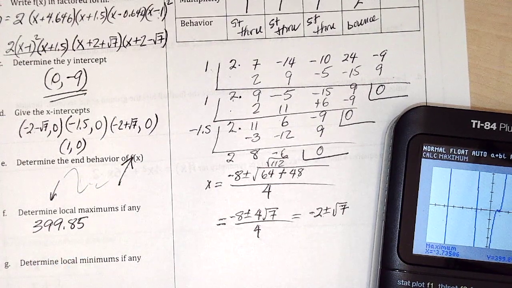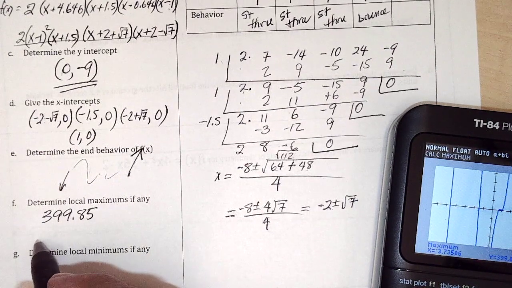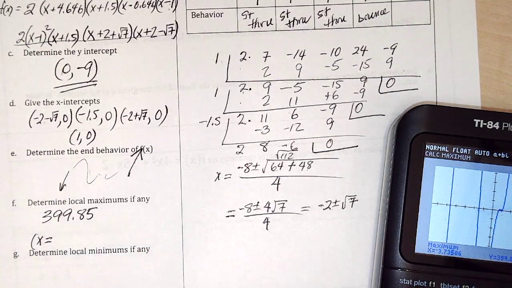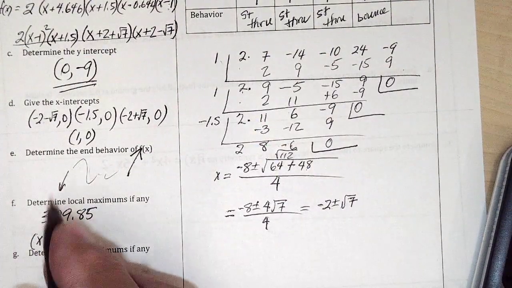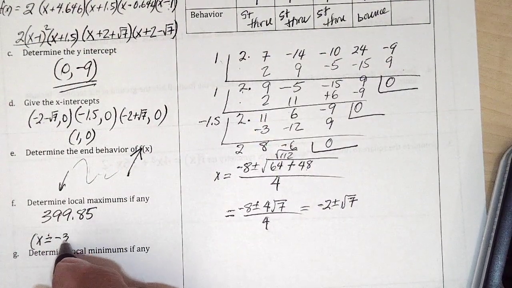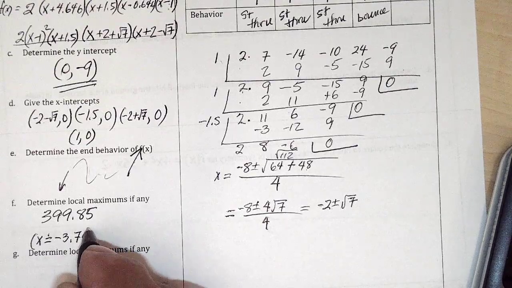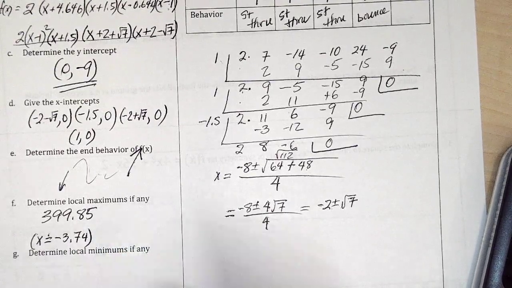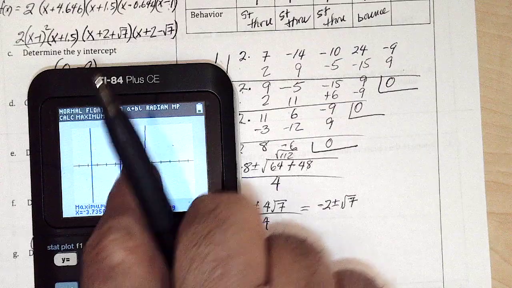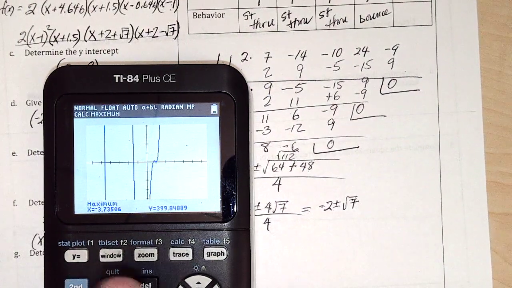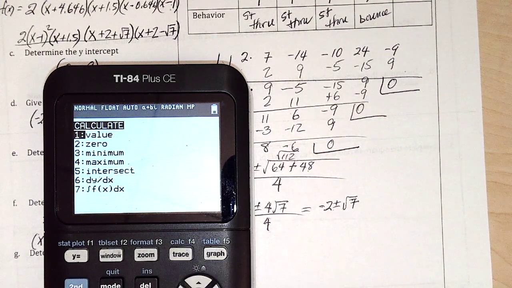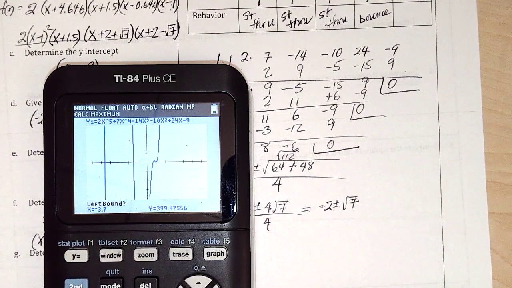Now, for answer questions down below, I'm going to put down here just a note to myself. This happens when x equals -3.74, approximately. And the other maximum, which is right there, somewhere between 0 and 1. So I'm going to go second, calculate the maximum between 0 and 1.